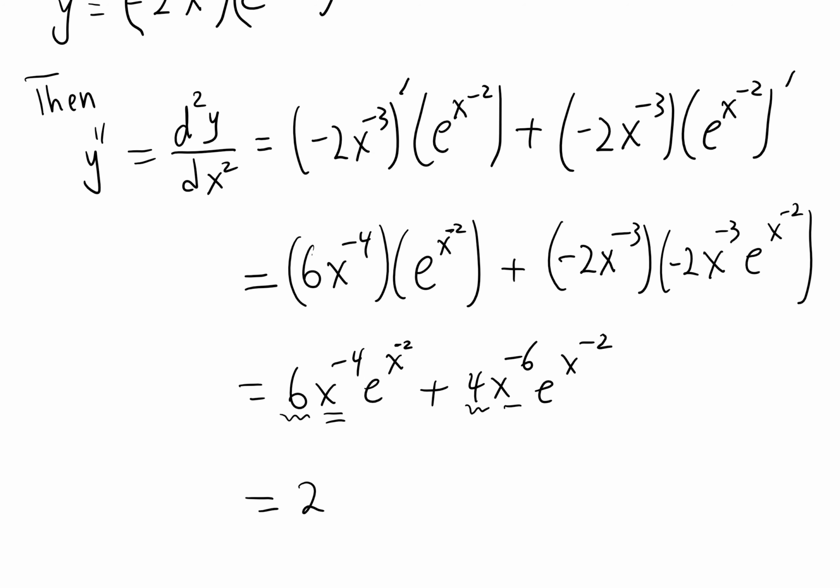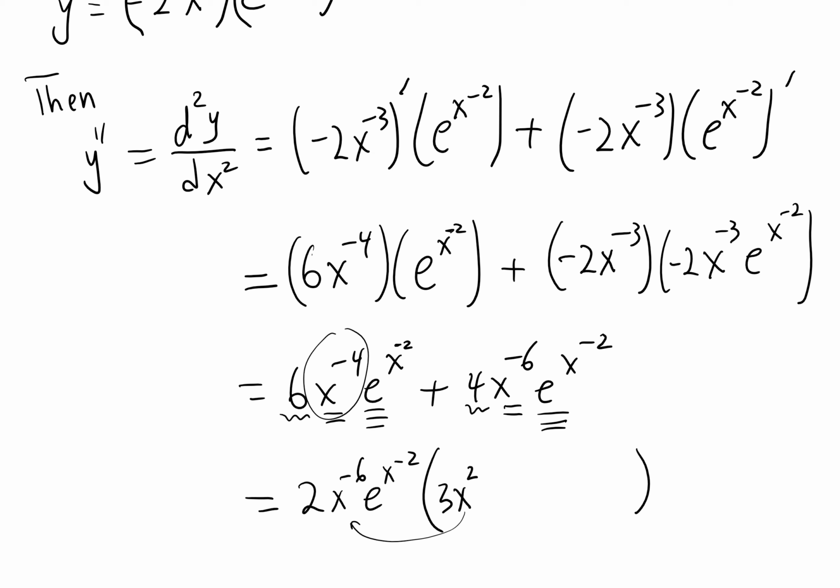For the x's, we can factor either one of them. Usually we factor the smaller one, x to the negative 6. And among the last two, we can just factor that term. Now it's tricky what is left. 3 is left because 3 times 2 is 6. And here the x's, that should be x squared, because if you multiply x squared by this, it should give you this. And this one is done down here, plus 4 and 2, it's a 2. That one is gone and gone, so that's what is left.